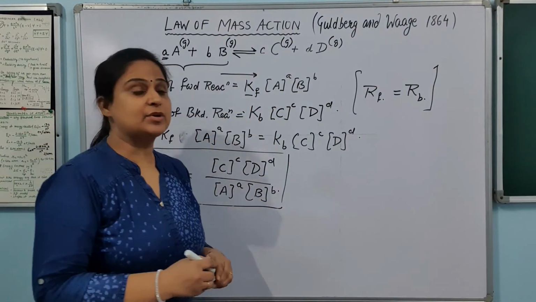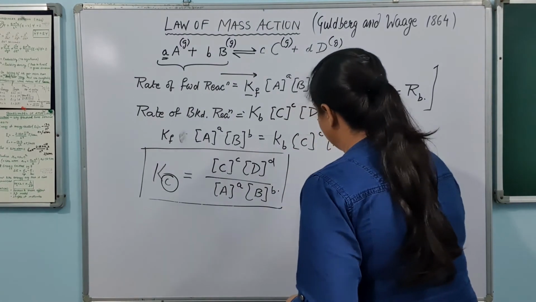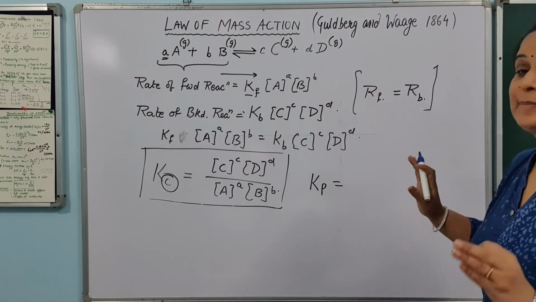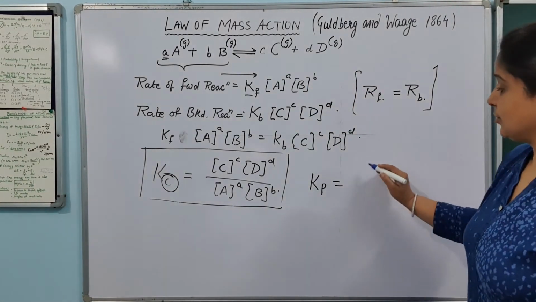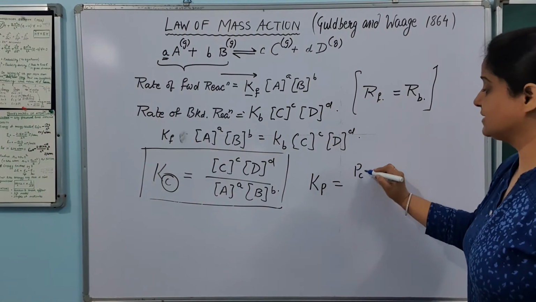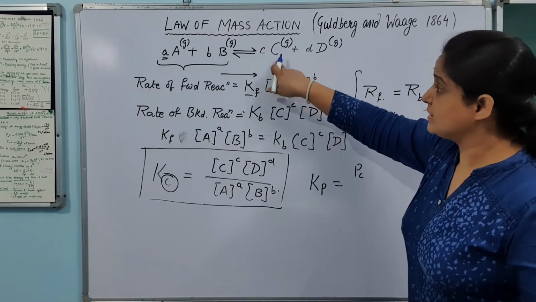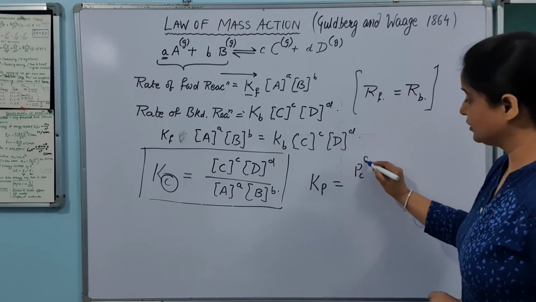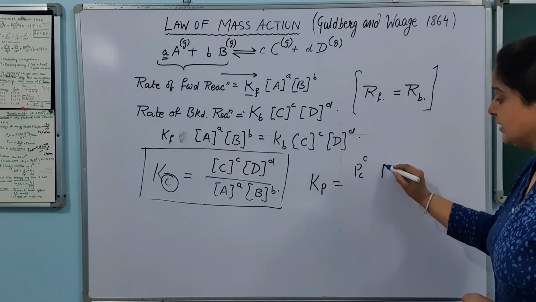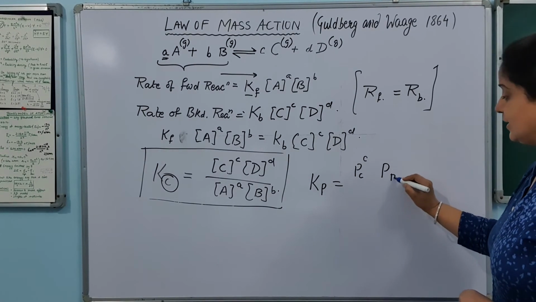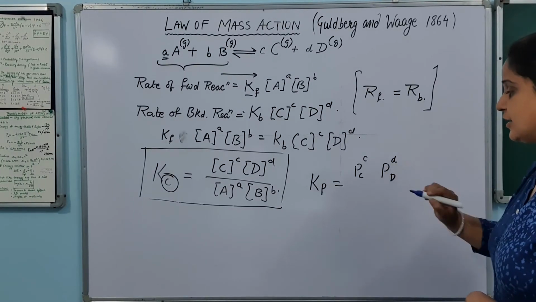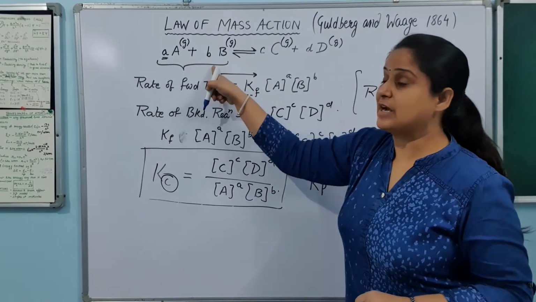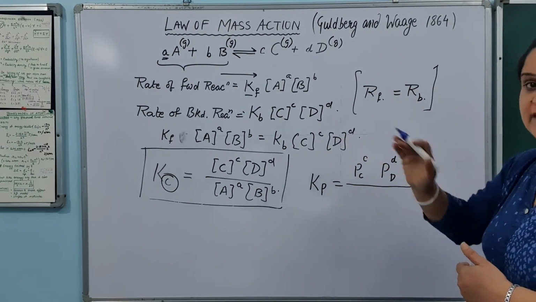So the equilibrium constant for the reaction which is in the gaseous phase can be written as pressure of the product Pc. C is the product and the pressure of the C will be Pc raised to power its stoichiometric coefficient, multiplied by pressure of the another product raised to power its stoichiometric coefficient, divided by the partial pressure of the reactant raised to power their stoichiometric coefficient.